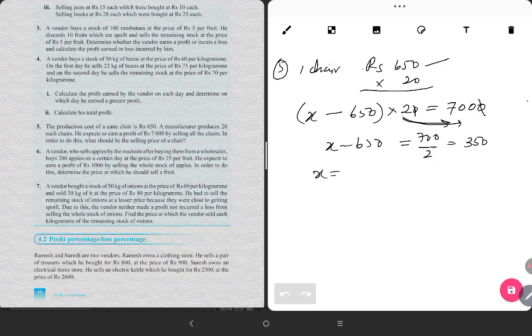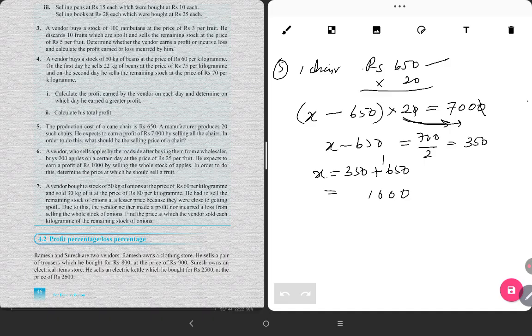Then x is, you have to take this 650 onto the other side. 350 plus 650 is the answer, which is 1,000. So each chair has to be 1,000 rupees for him to make 7,000.